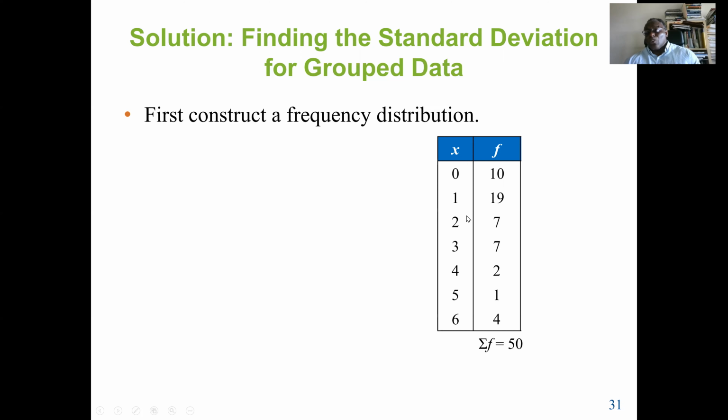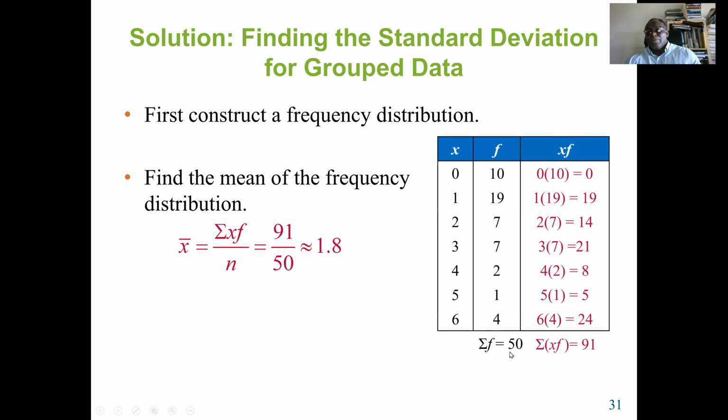And that's how we do the group mean. The answer we get, then we divide by 50, not by 7, but by the total frequency 50. So that's what we did here.